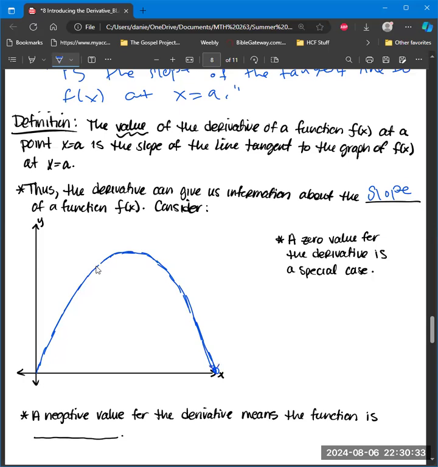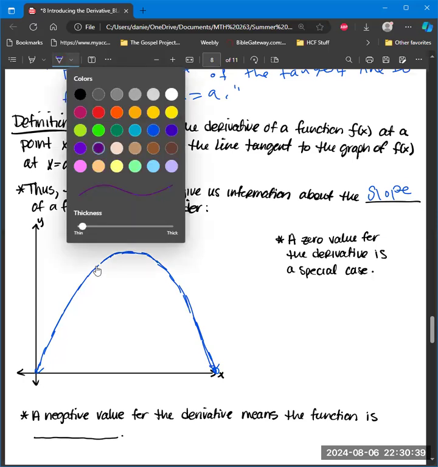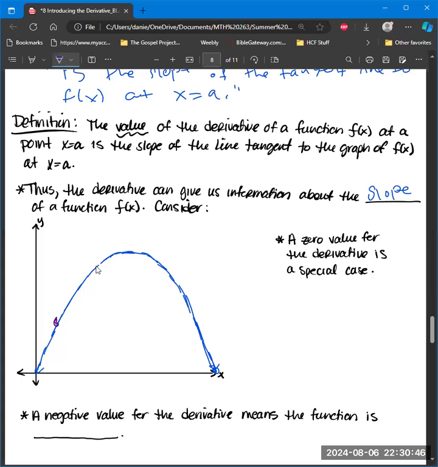So at this point over here, we're going to have a positive slope.